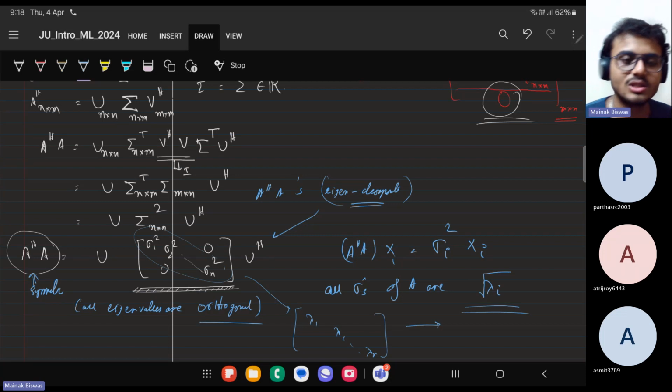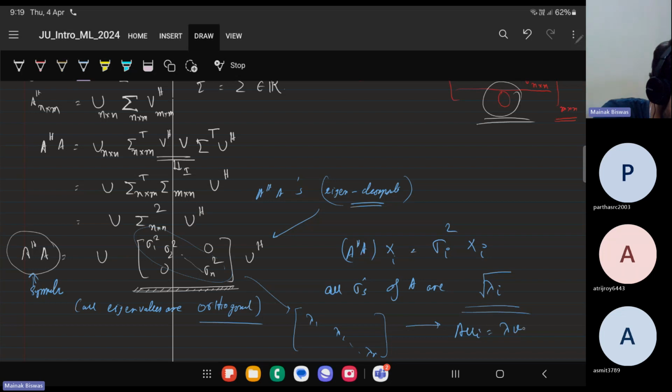Again, when you get those lambda i's, you have to find the v's and u's. Finding u's and v's is a bit difficult because you have to again solve A v_i equal to sigma u_i. These are not exactly the singular vectors.